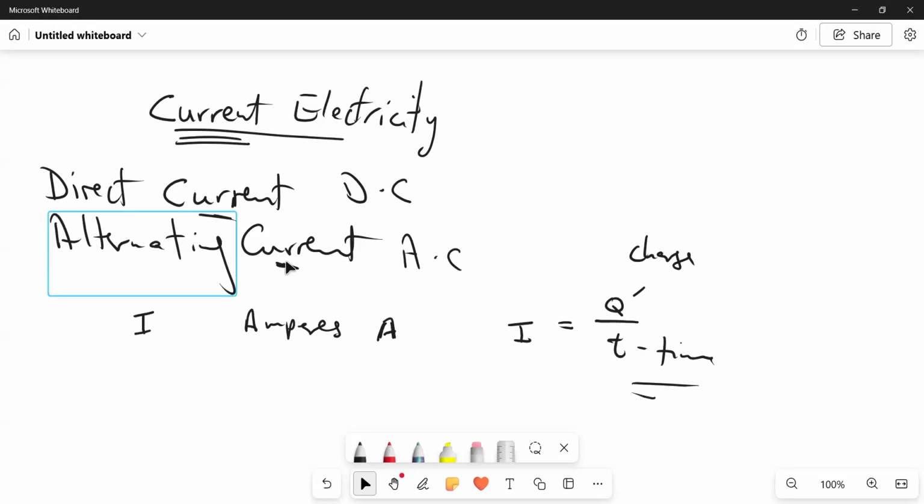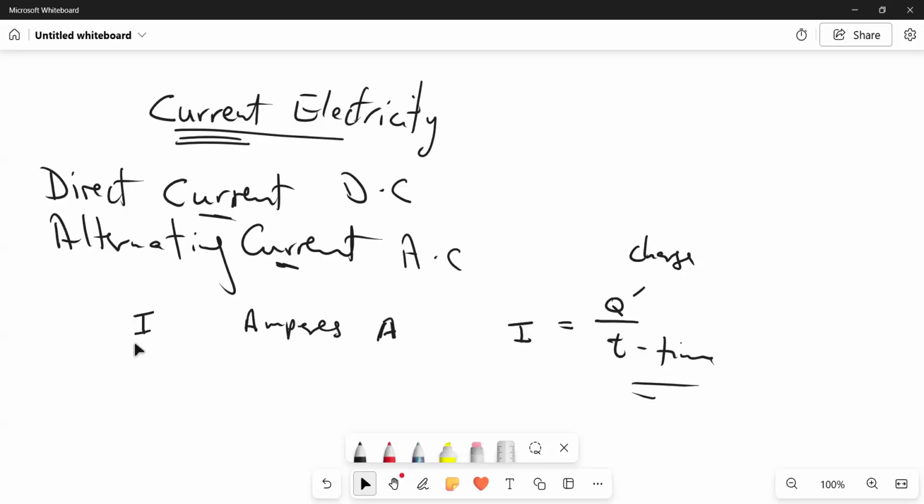Whereas alternating current involves an oscillation, a changing periodically of the direction of the current, right? And we'll talk about them in detail in just a moment.